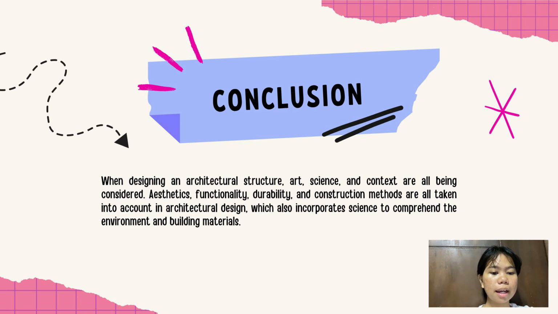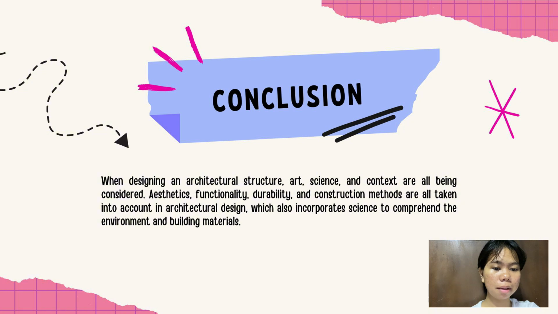So, aesthetics, functionality, and durability. As I said earlier, art helps to present the elements and principles of art in the buildings, and helps present its aesthetics, or the beauty of the building.